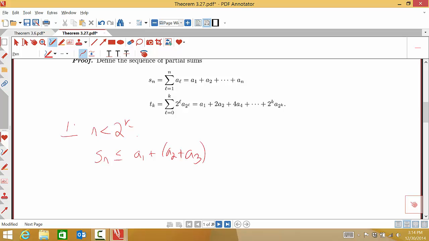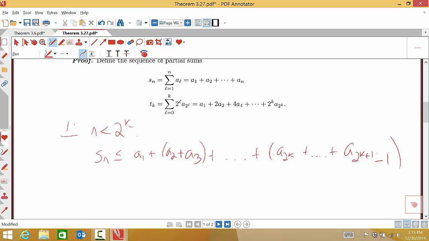And then I would pair up A sub 4 with A sub 5, A sub 6, A sub 7, and I can keep pairing these up. Plus, at the end of the day, I can get all the way up to A sub 2 to the k plus A sub 2 to the k plus 1 plus dot dot dot up to A sub 2 to the k plus 1 minus 1. And that minus 1, that's not in the exponent.